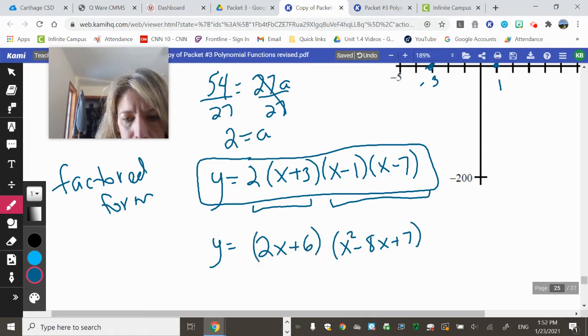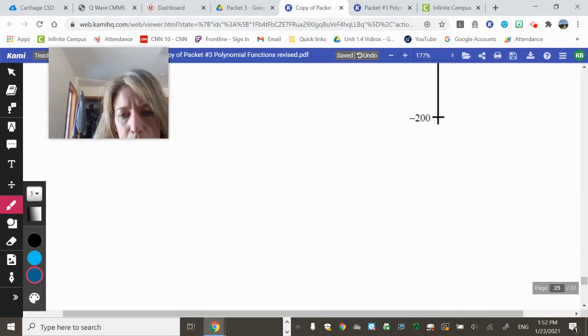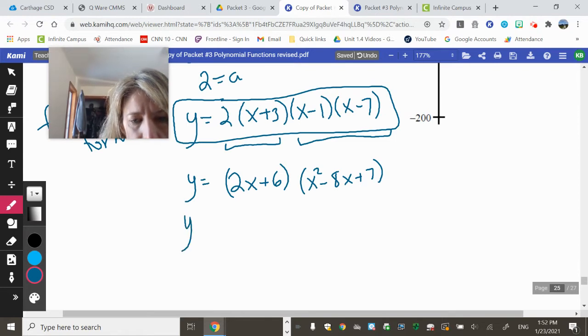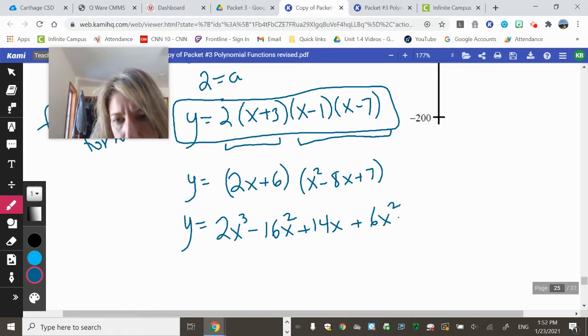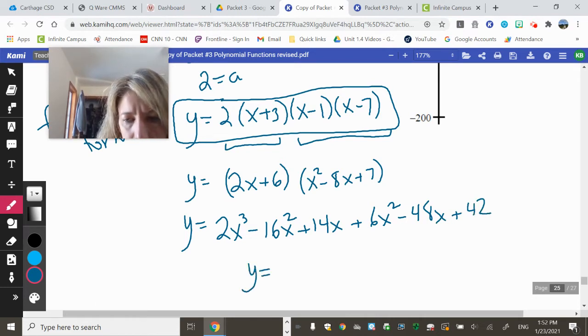And then my final answer would be this binomial times this trinomial. So I have to distribute the 2x first to get 2x cubed minus 16x squared plus 14x, plus 6x squared. Now I'm distributing the 6: minus 48x plus 42. And I don't want to leave it like that. I'm going to combine like terms.